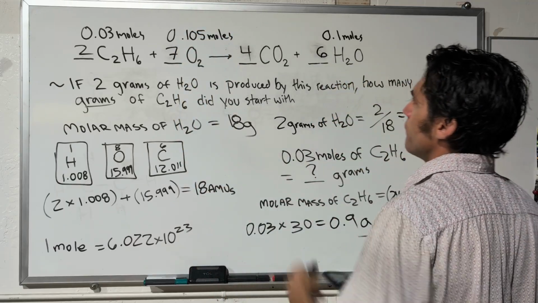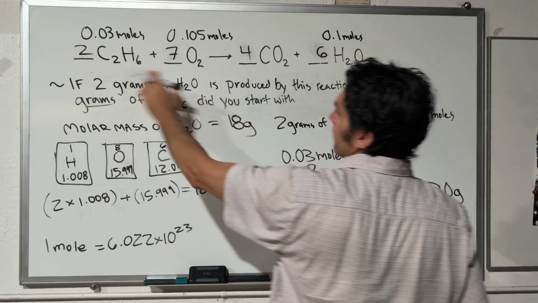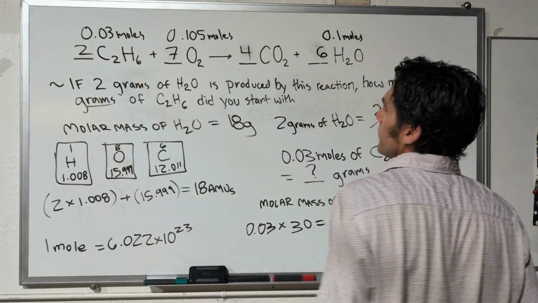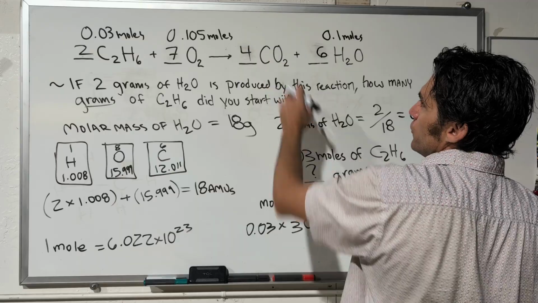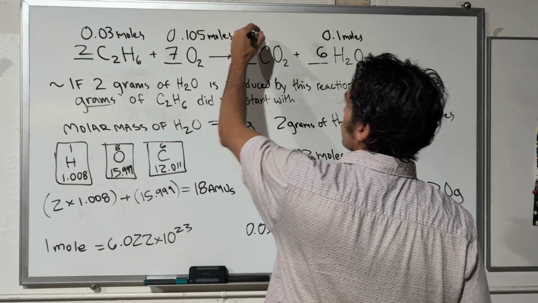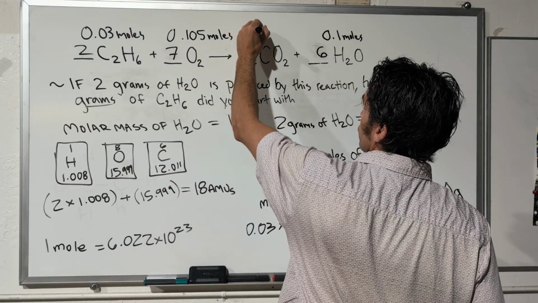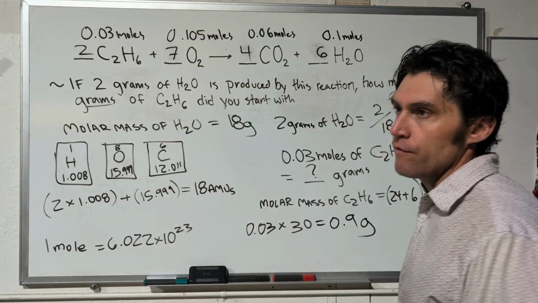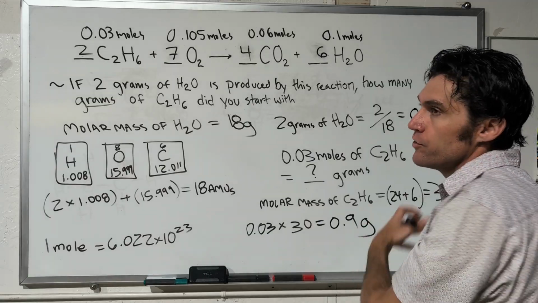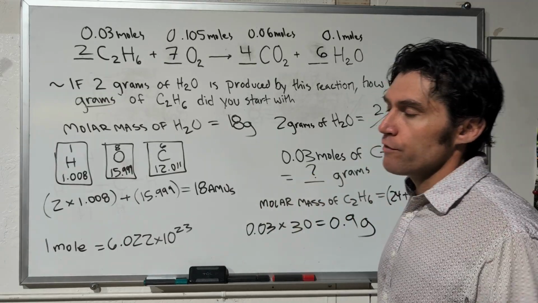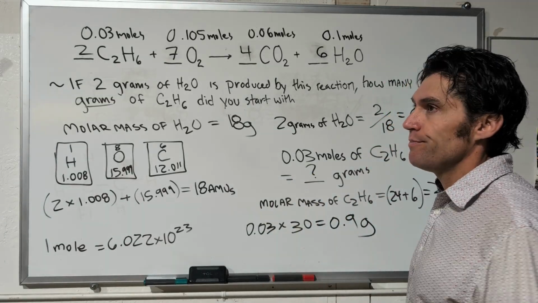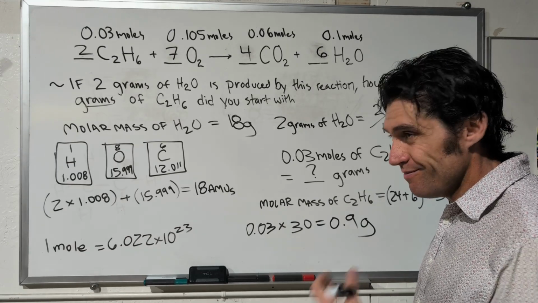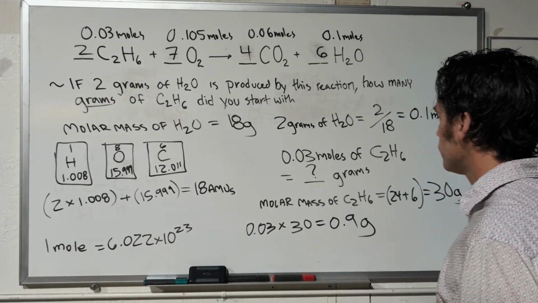And for this, you know that 4 is 2 times that, so this is just 2 times whatever this moles is. So this one is 0.06 moles. So we can figure everything out. If we know the mass of one of these and we balance our equation, we can figure out the mass of the rest. Not that difficult, you just have to learn the process.